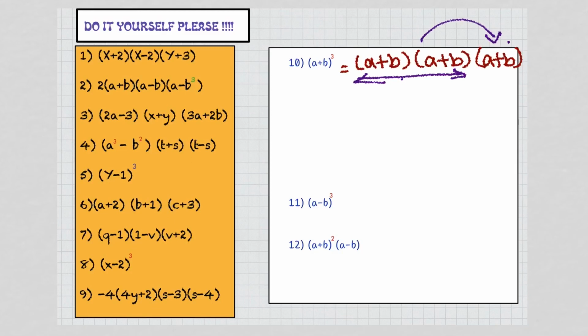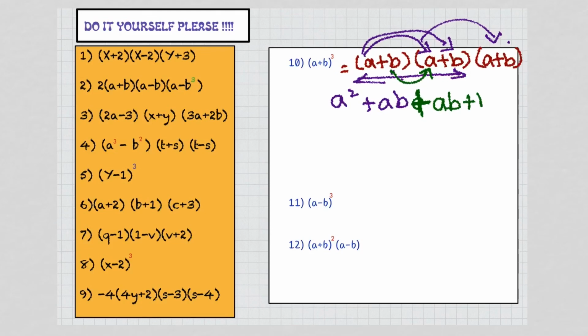So let's see the answer for the first two. a times a is a square, a times b is ab, and then b times a is plus ab, and b times b is b square.